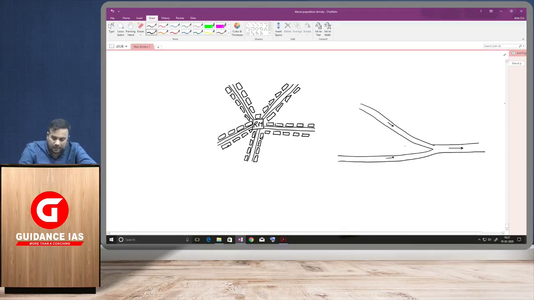So what can happen here? We can find that there can be development of such type of patterns.